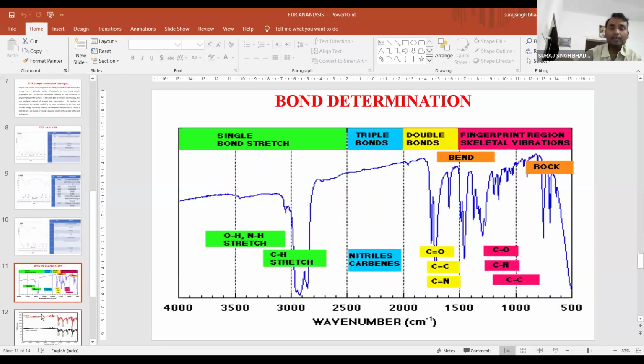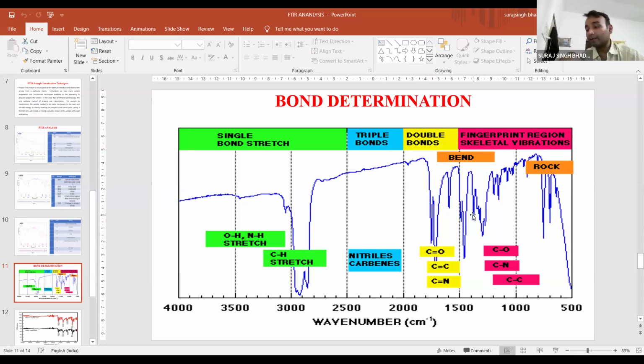On the other hand, you can see the bond determination. Generally, the bond determination is regarding single bond strength, triple bond, double bond, and the fingerprinting region in this vibrational frequency. So these are the different functional groups. These are at different intensities.